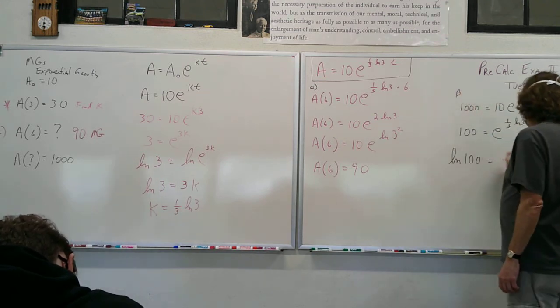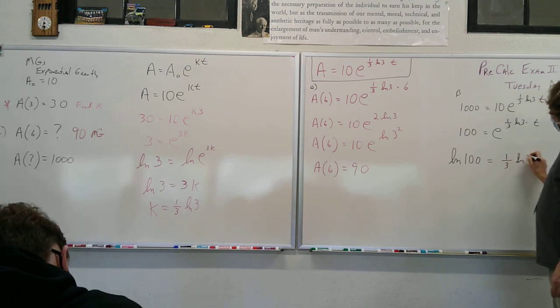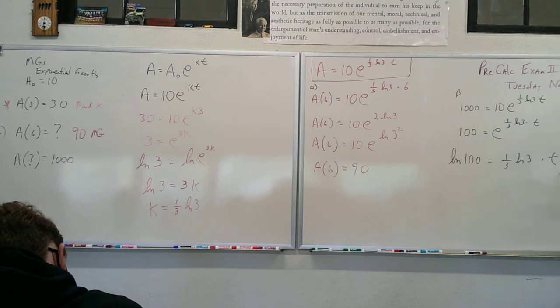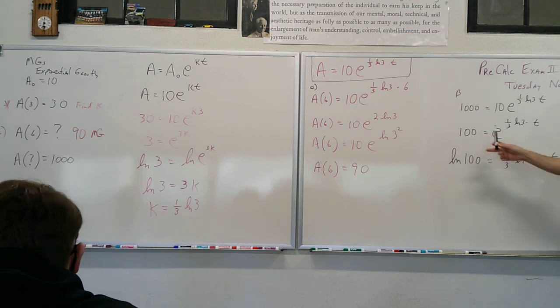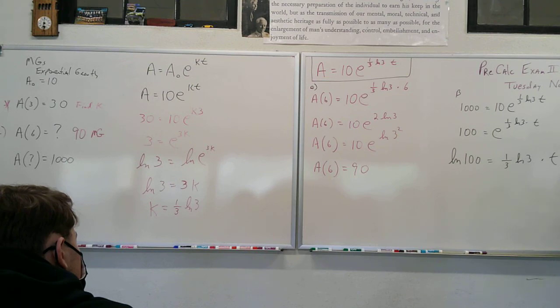equals, and it's okay if I put 1/3 natural log of 3 times t, because when I put the natural log here, I'm also going to put the what? Natural log there. Is that okay? Tell me if it's not, because that's hard for me to explain. I'm just going to put a natural log in front, because I know that'll get rid of that e.